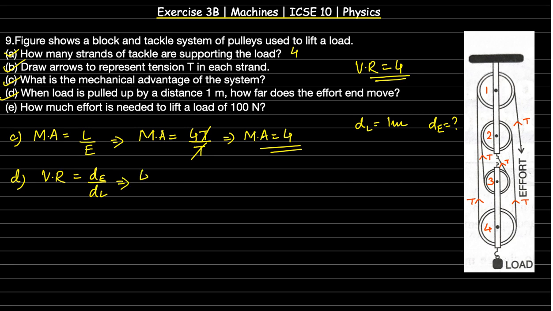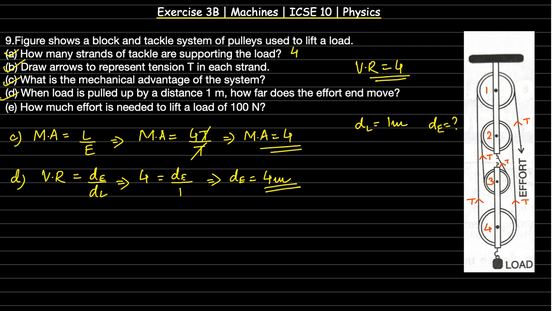Velocity ratio I've already written it as 4 is equal to dE we are supposed to find out divided by dL is 1 meter. So dE is equal to 4 into 1, that is 4 meter. So distance moved by the effort happens to be 4 meters.